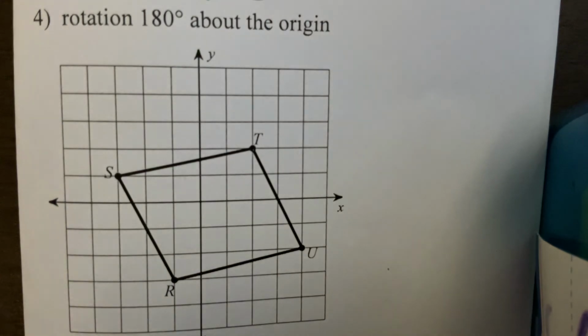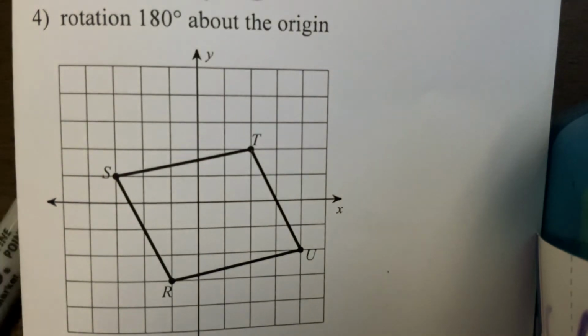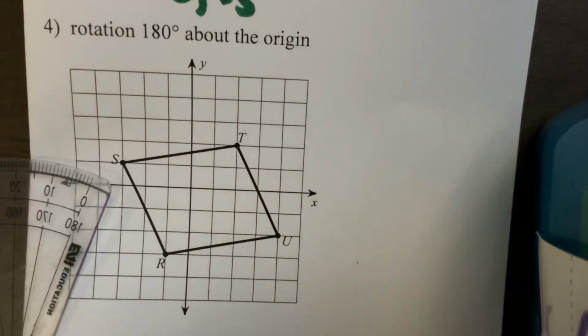Go ahead and stop what you're doing for a second and look at number 4. Number 4 is still a 180-degree rotation around the origin. What made this one tricky is that your reference line, because it's still rotating around the middle, is going to end up going through the shape.